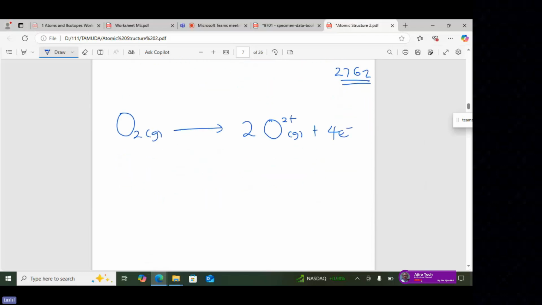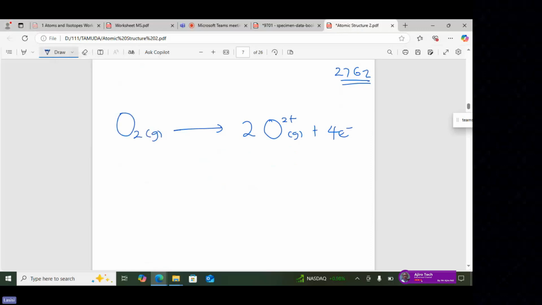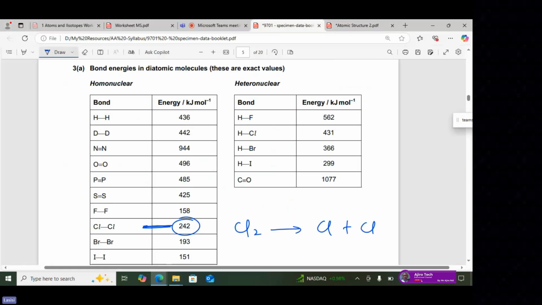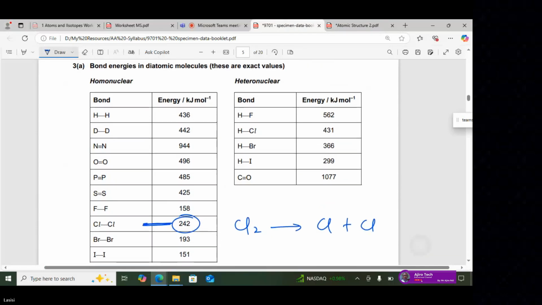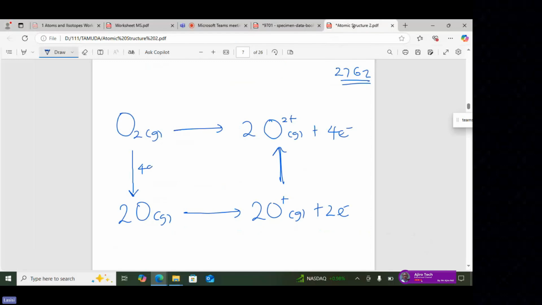I convert this first to 2O gas, then to 2O+ plus 2 electrons. First, break the oxygen into 2 atoms. That's the O=O bond energy, 496.